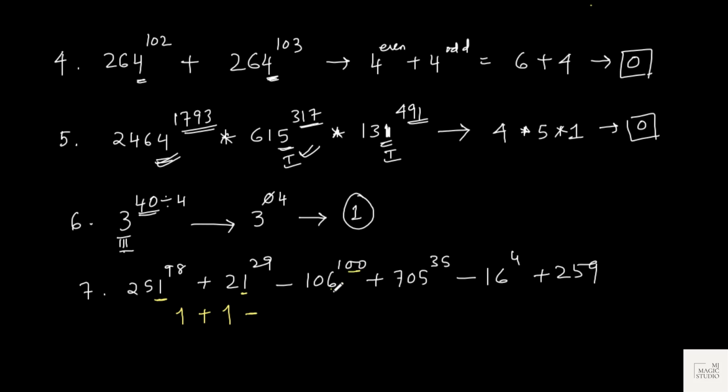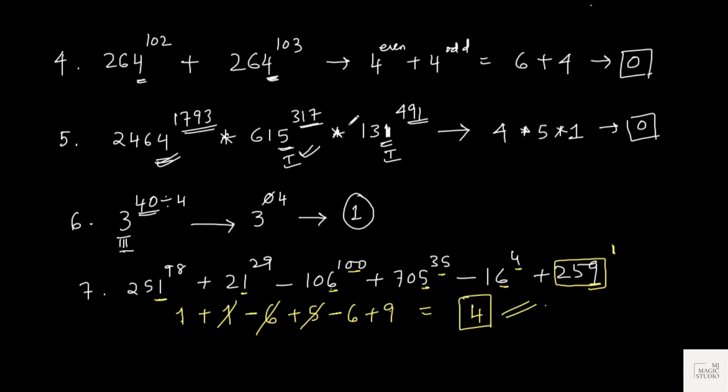Minus 6 to power anything, these all are type 1, will end with 6. 5 to power anything will end with 5. Again 6 to power anything will end with 6, and this is with no exponent. Exponent here is 1. 259 to the power 1 will end with 9 plus 9. So what we have, 5, 6, 6 gone with 6. 9 plus 1 is 10 minus 6 is 4. So last digit of this entire expression is 4.